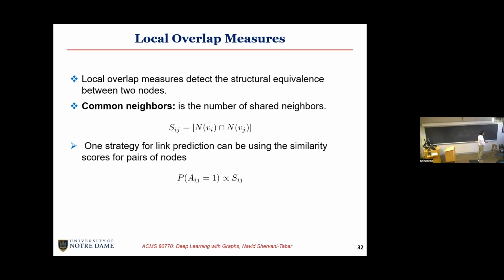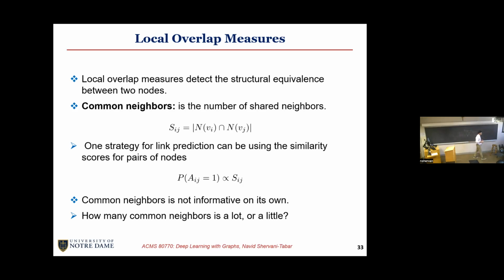So let's define this as Sij. The similarity between nodes Vi and Vj is represented by the number of common neighbors between Vi and Vj. Someone can use this type of similarity matrix to do, for example, link prediction. You can define a threshold and say that if the similarity is higher than some value, I predict that there is an edge between those two nodes.